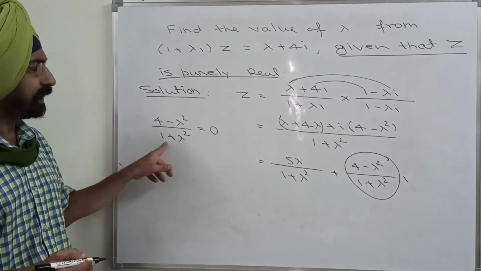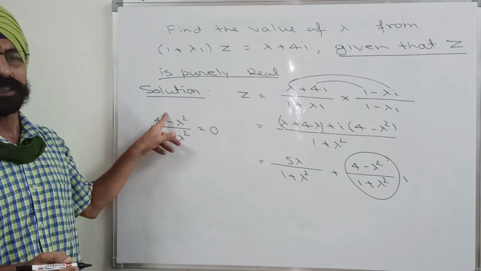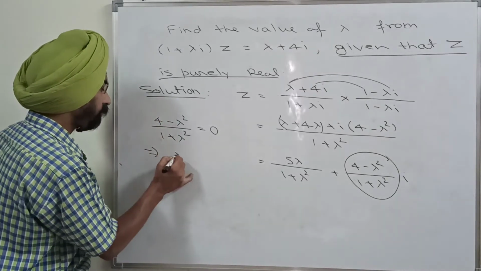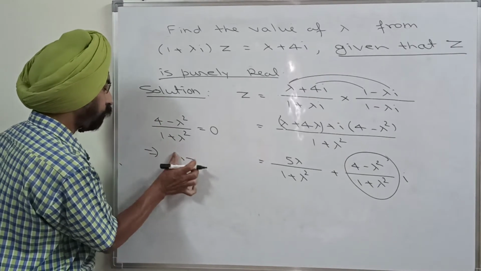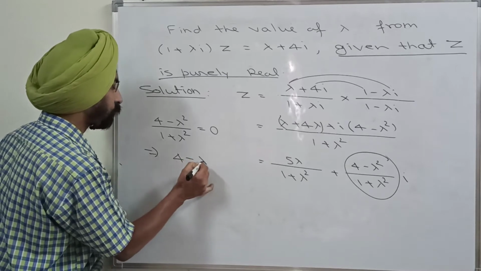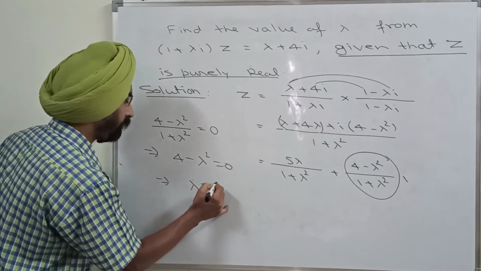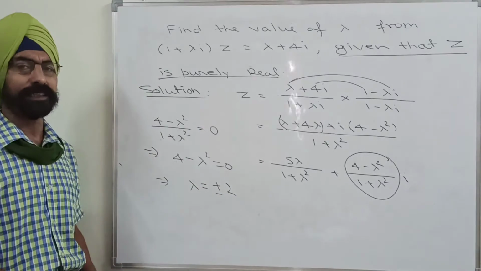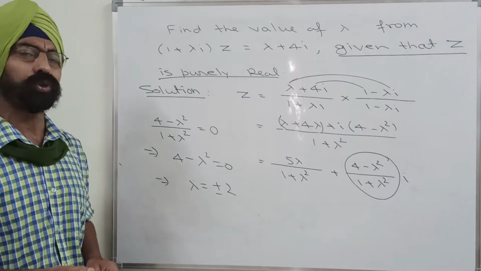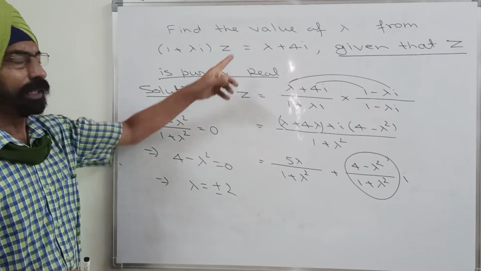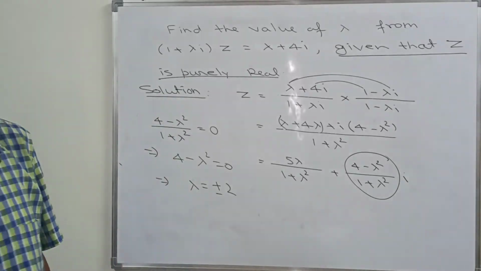And a fraction is 0 if its numerator is 0. So you will get 4 minus lambda square is equal to 0, which will give you two values of lambda as plus minus 2. So for these two values of lambda, your Z will be purely real.